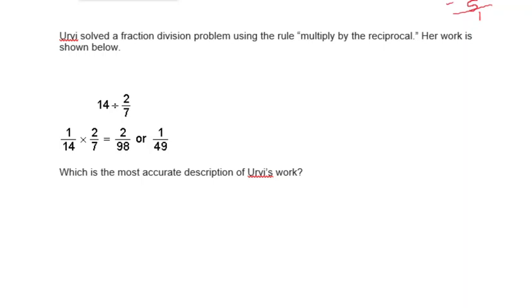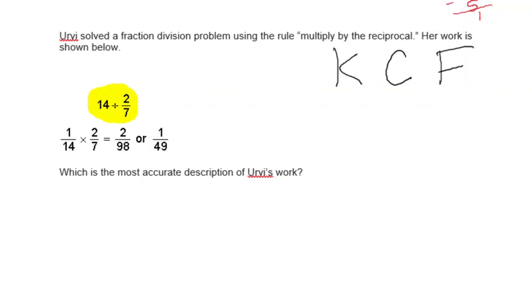Did this student take 14 divided by 2/7 and apply the keep, change, flip rule, or multiply by the reciprocal is the correct way to say it?